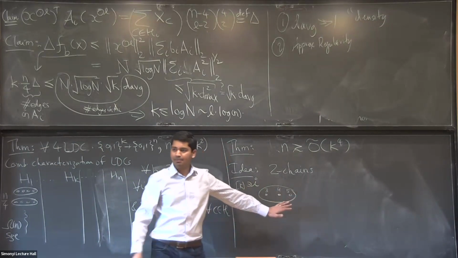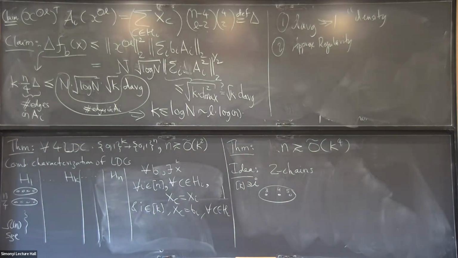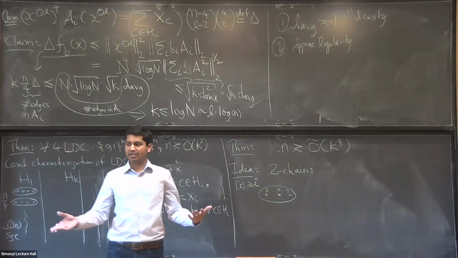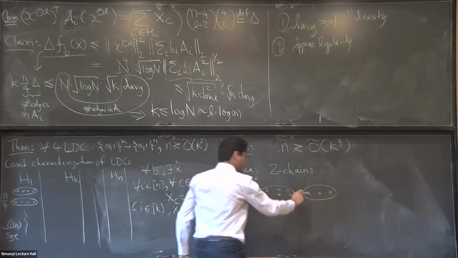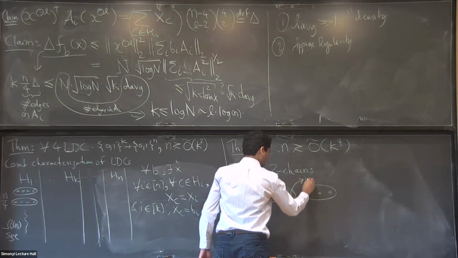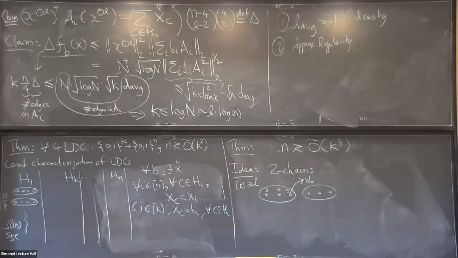I pick any hyperedge in H sub i. It tells me three possible bits. I go to their correction sets and pick a tuple from that correction set. So I get something like this. These don't intersect, but remember, one of the bits of the first hyperedge told me the matching to pick the second hyperedge from.